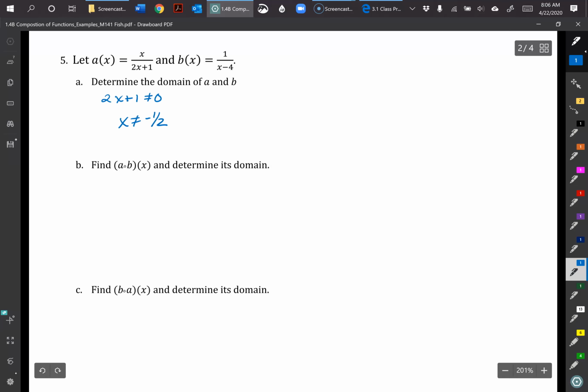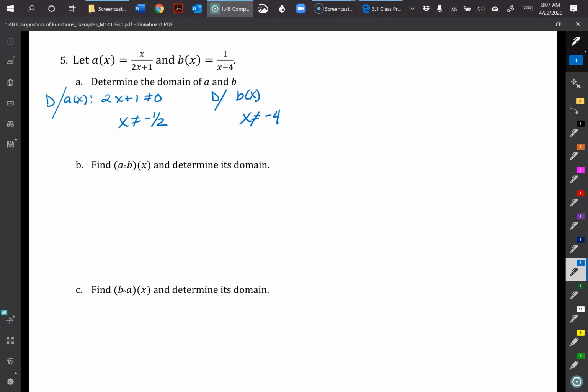It's anything but that. That's the domain for a of x. And then the domain of b of x, we can do in our head: we can't have x equal to 4, so x not equal to 4.